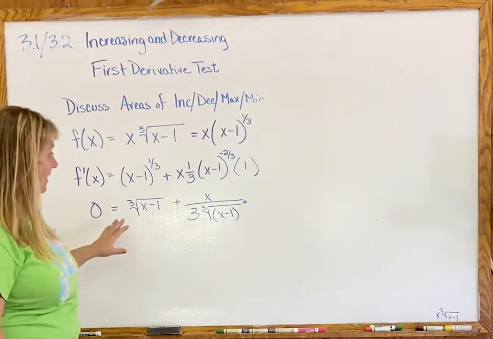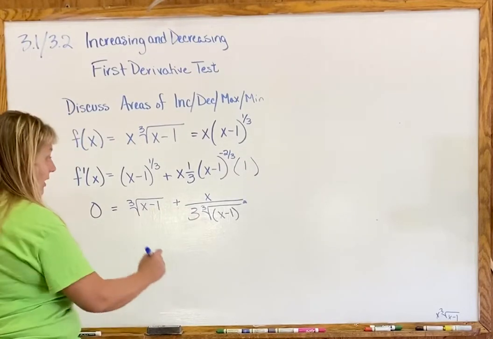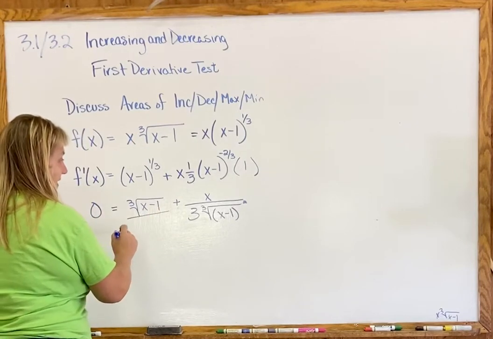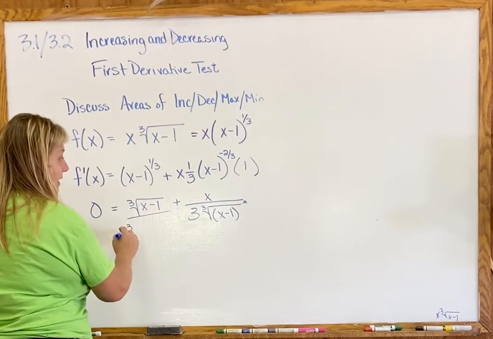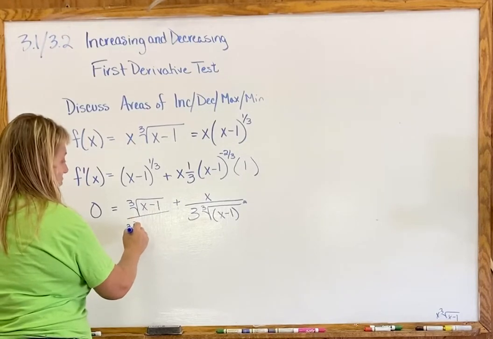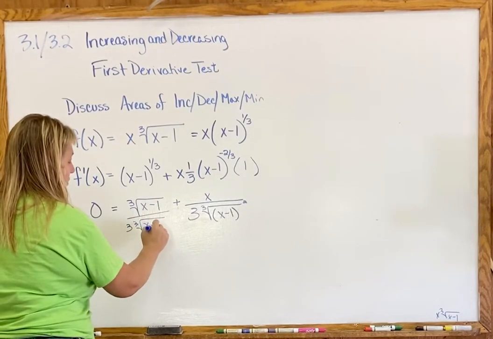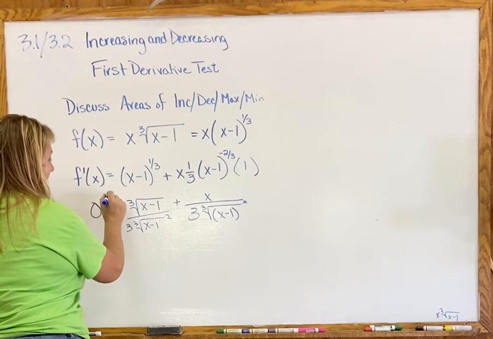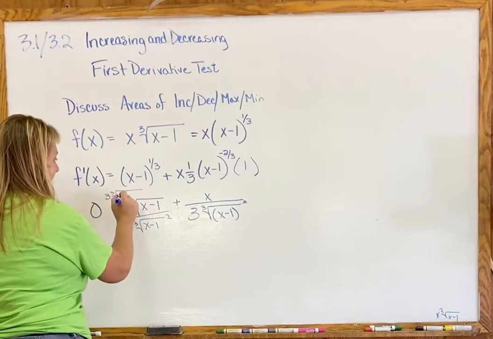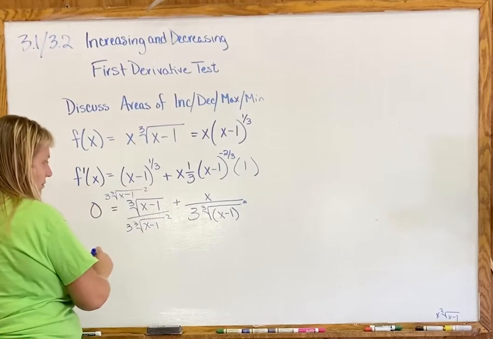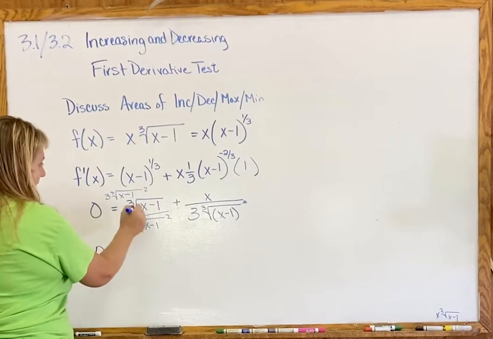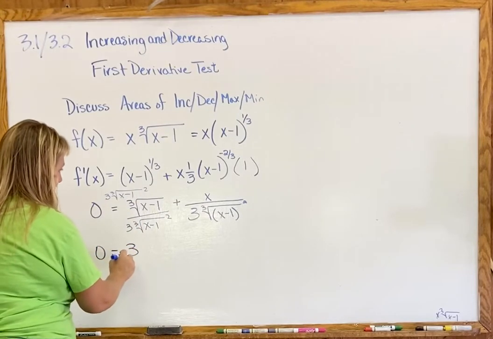So in this case, I think we're going to need to find a common denominator, which means this guy is going to need a 3 and a cube root of x minus 1 squared. But again, that means up top we need a 3 and a cube root of x minus 1 squared. It's the same to top and bottom. So we have 0 equals. Now up top on this first fraction, we're going to have 3.